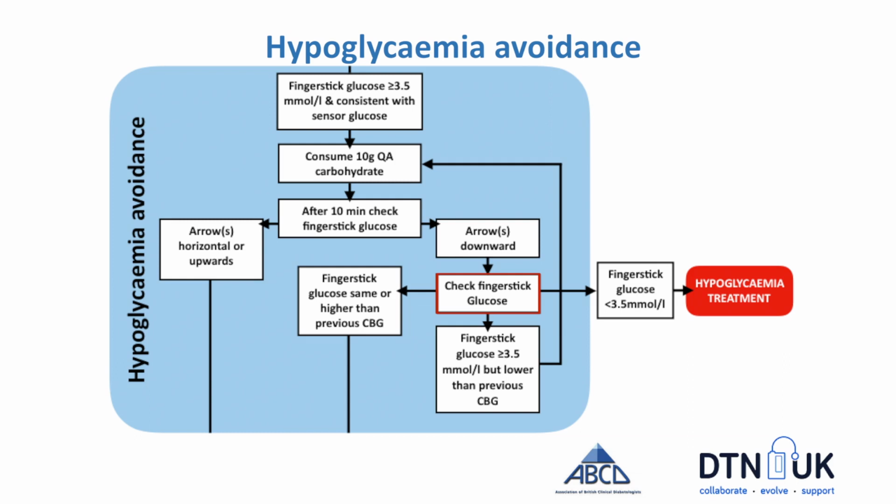If your fingerstick glucose is the same or higher than it was before, then you've successfully avoided the hypoglycemia. If it's 3.5 or above, but lower than your previous reading, then have another 10 grams of quick-acting carbohydrate. If your fingerstick glucose is below 3.5, you would then treat as hypoglycemia.